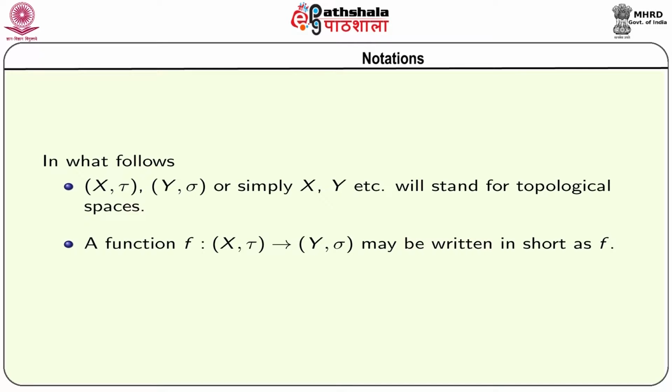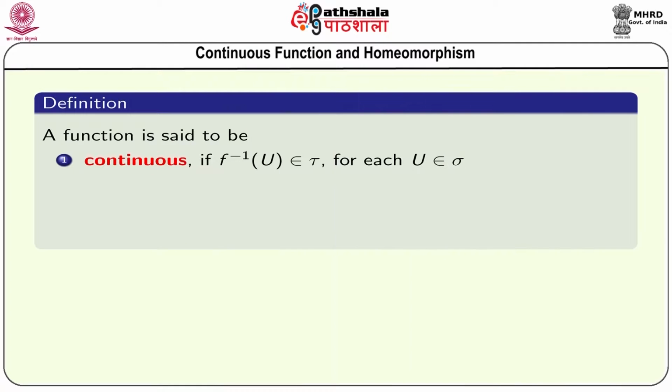Now, a function will be denoted by simply f without mentioning its domain or codomain. A function is said to be continuous if f inverse of U is in τ whenever we start with U from σ.